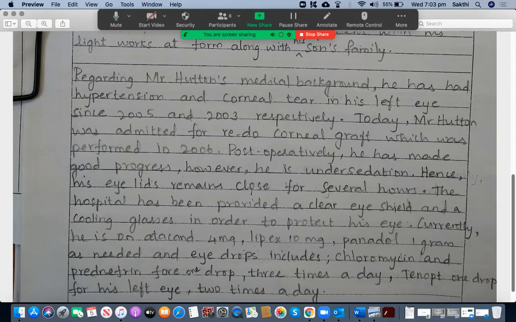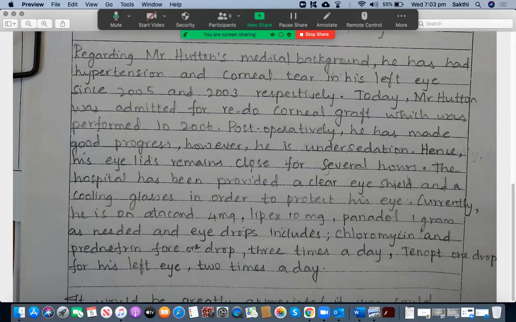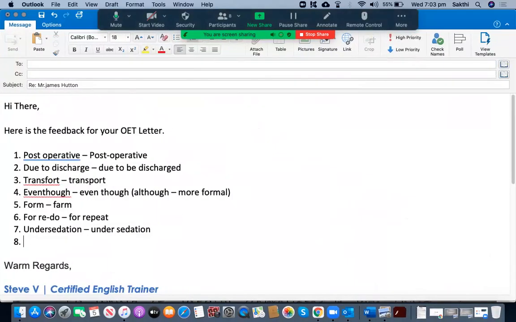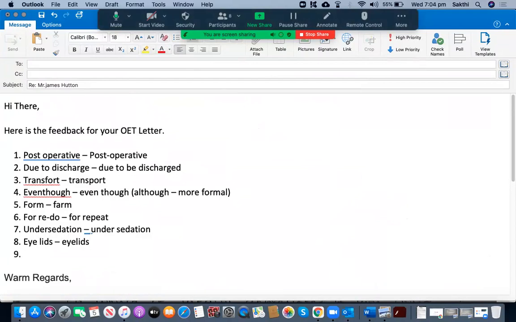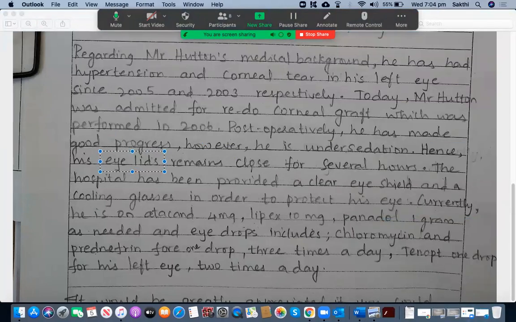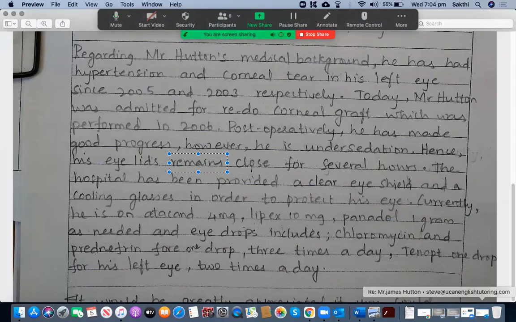Hence his eyelids remain. See this one, eyelids. Eyelids is one word only, and you have written it as two words. And the other thing is, eyelids is a plural noun, so it needs to go with the plural verb, verb only, not verb plus s.